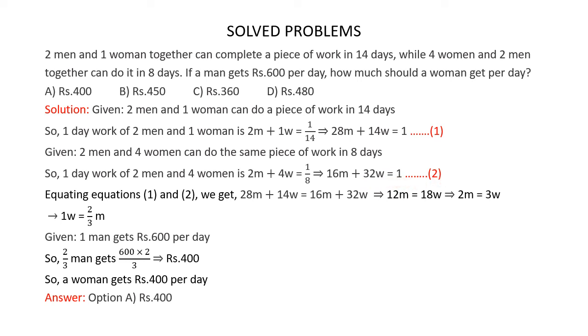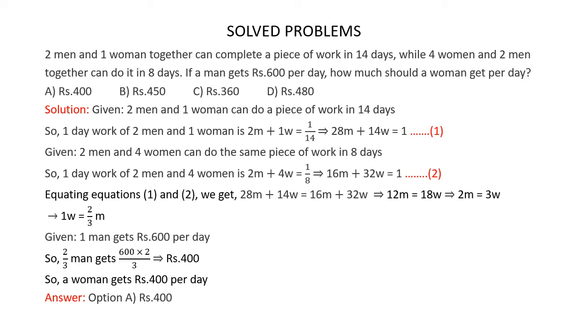Now, as you can see, we can equate equations 1 and 2. So, equating equations 1 and 2, we get 28m plus 14w is equal to 16m plus 32w. On solving this, we get 1w is equal to 2 by 3 m. This means 1 woman is equal to 2 by 3 man.